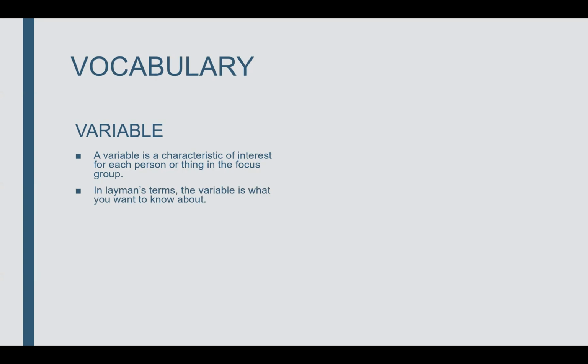Do you want information about eye color, about age, about where a person lives, about their major? Okay, I kind of asked you some questions earlier, your name, your major, your dream job, those kind of things. Those would have been my variables. That was what I wanted to know about.